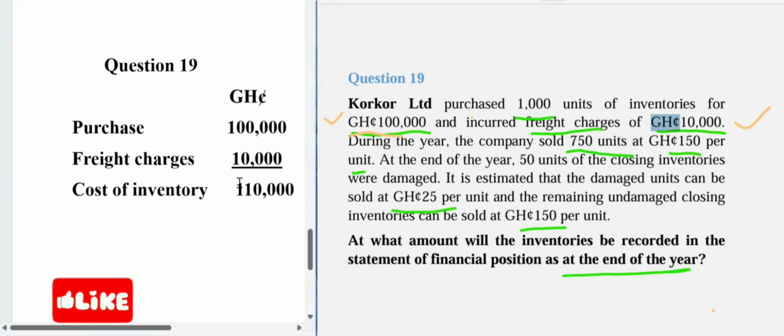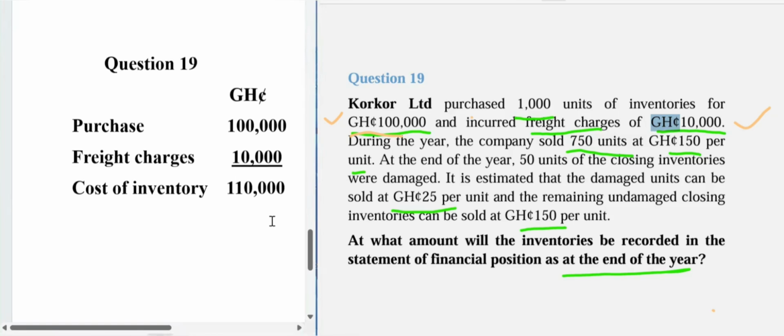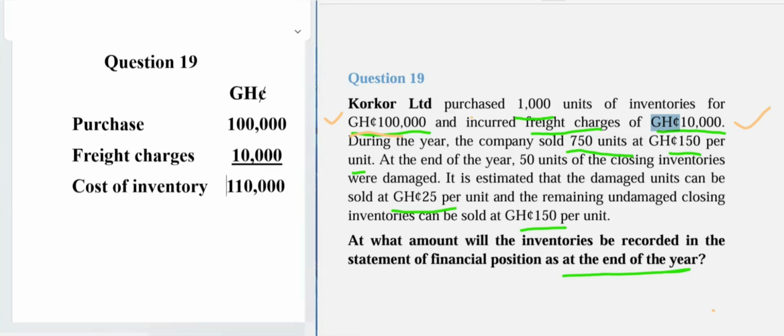So this is the cost of the inventory now. This figure here, this total cost of 110,000 cedis, is the total cost of all the inventories, the 1,000 units that were purchased.